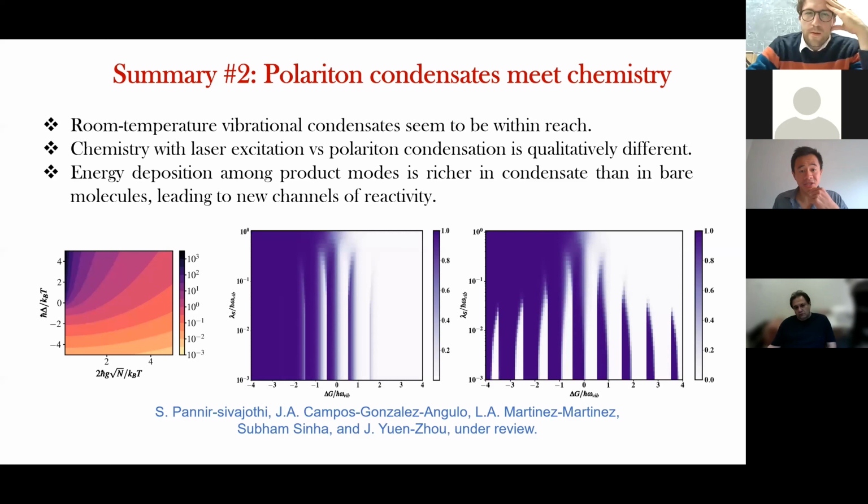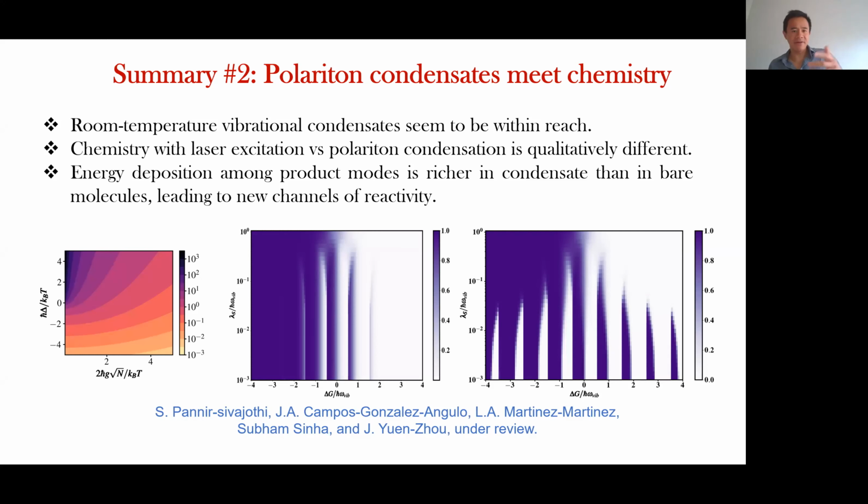So chemistry with laser excitation and polariton condensation is very different, right? Even from a very naive, natural question, you could ask: chemistry has been tried with lasers, so what is the analogous chemistry with polaritons? It shouldn't be the same, because in one case you need to do two steps: first the laser goes to the reactant, then goes to product.